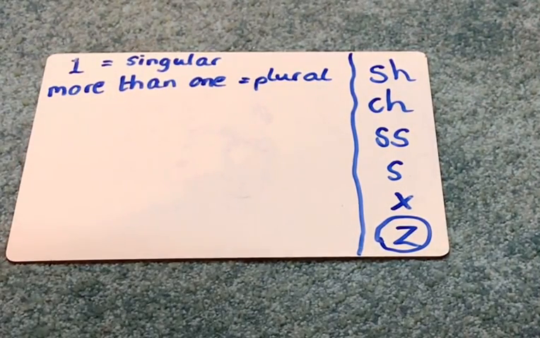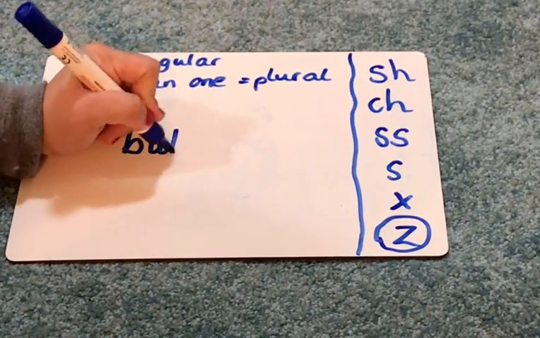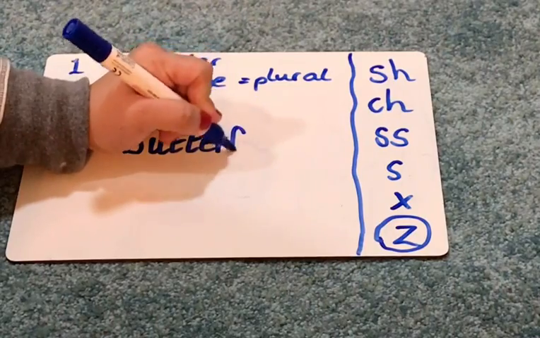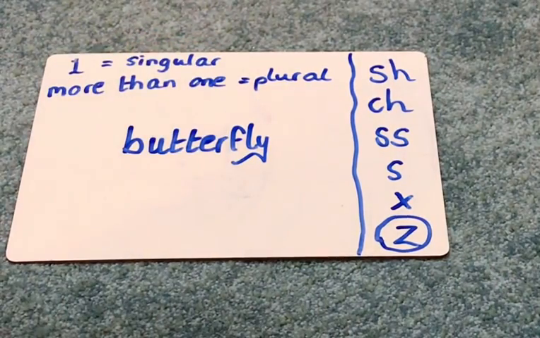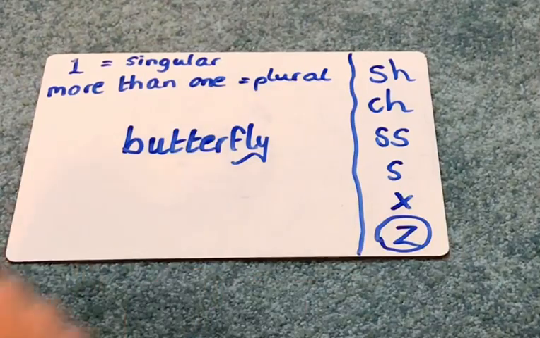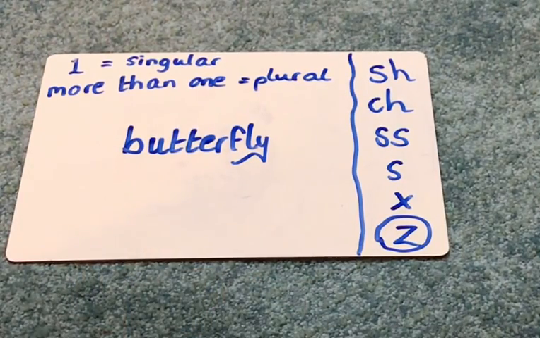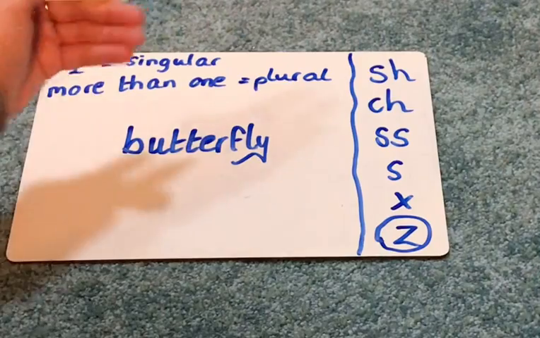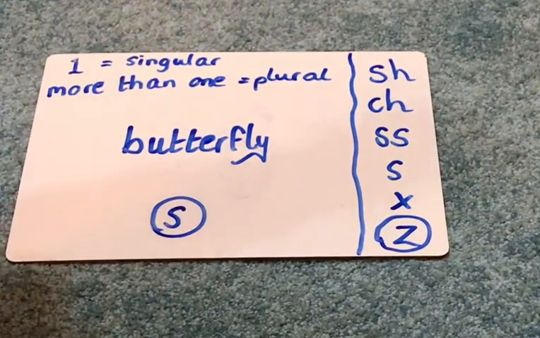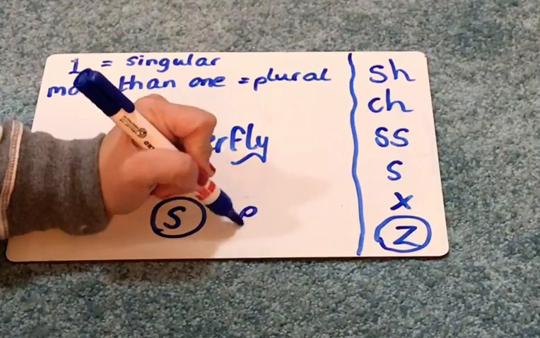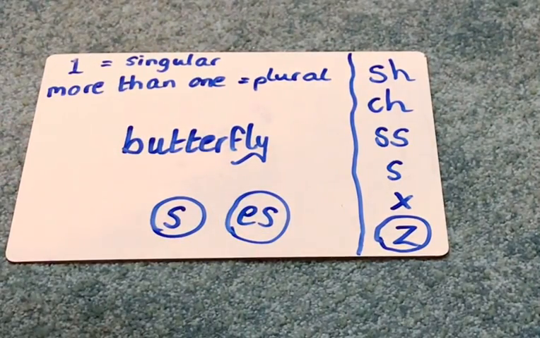Okay? Now the last one I just want to touch on is, I'm sure a lot of you are thinking, but miss, what if a word ends in a Y? Okay? So for example, butterfly, which we have looked quite a lot in science, okay? Now, if it ends in a Y, we actually have a different set of letters to put on the end. So usually, if we want to make something plural, we end it in an S, which is so nice, or we can see today an ES.